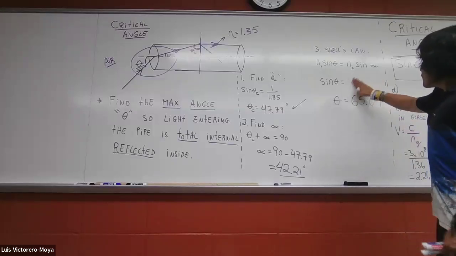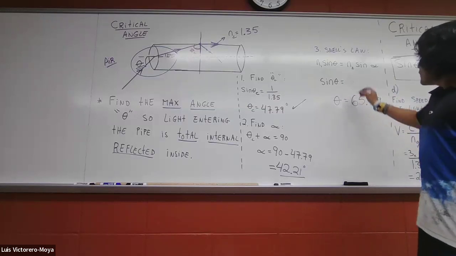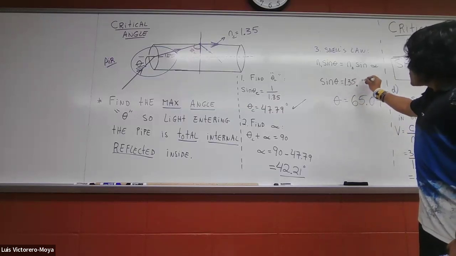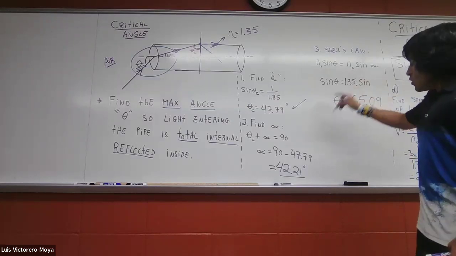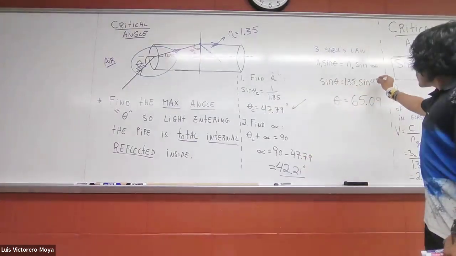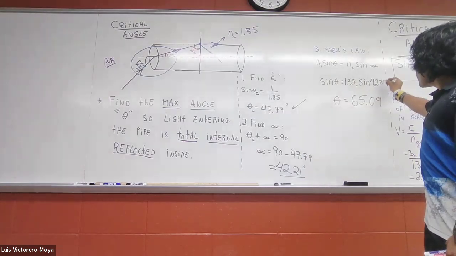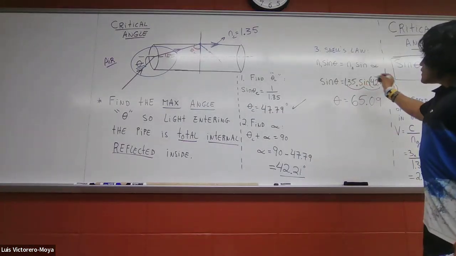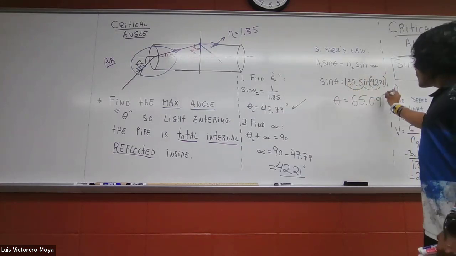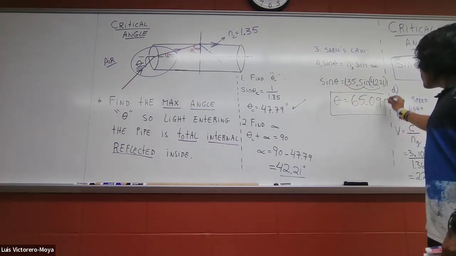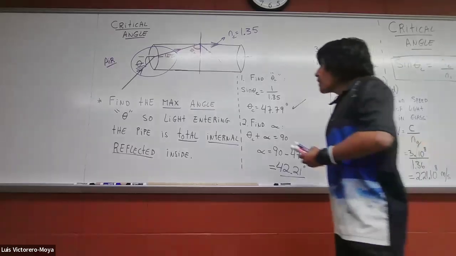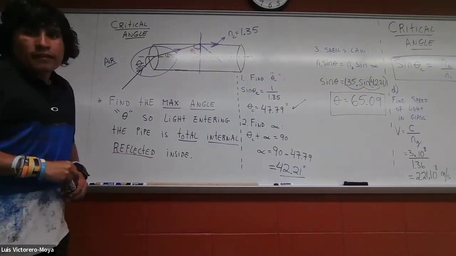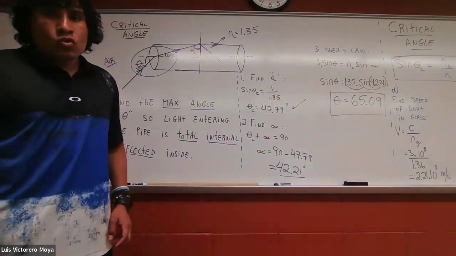Let's try this again so you can see it. This is 1.35 times sine of this angle. All this, sine inverse of this, gives me this angle theta. So that's the maximum angle theta for that to happen.